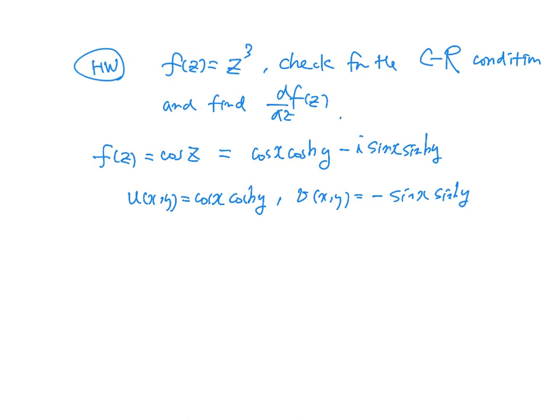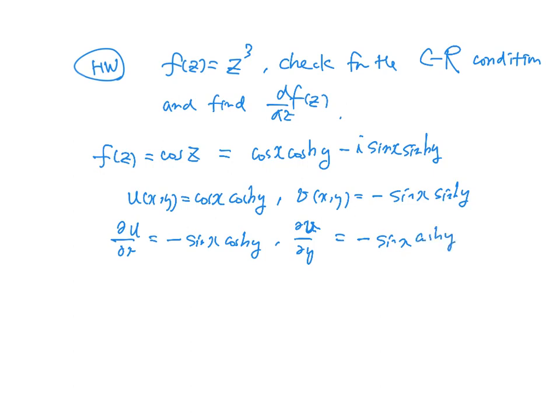So partial u partial x is minus sine x cosine hyperbolic y, right? And partial v partial y is minus sine x. What happens if you differentiate sine hyperbolic y? Cosine hyperbolic.